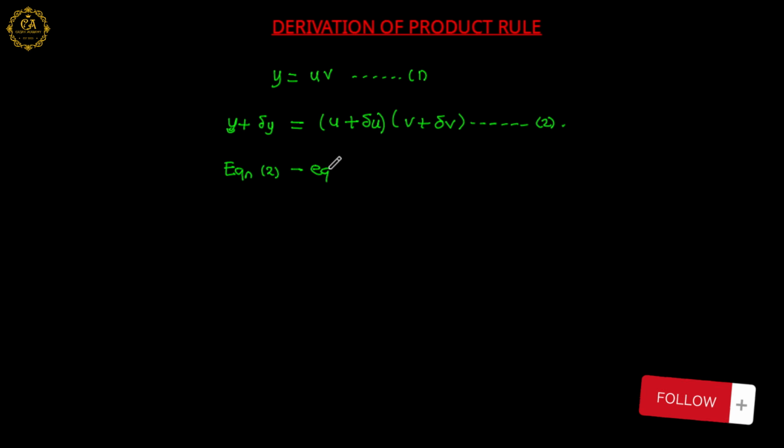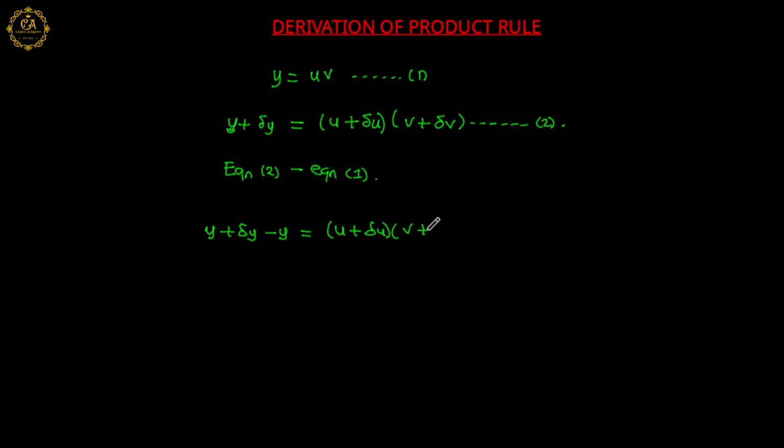Equation 2 minus equation 1. Therefore, from the left hand side, we'll have y plus delta y minus y from equation 2 and equation 1. In the right hand side of equation 2, we have u plus delta u times v plus delta v, minus, in equation 1, uv.